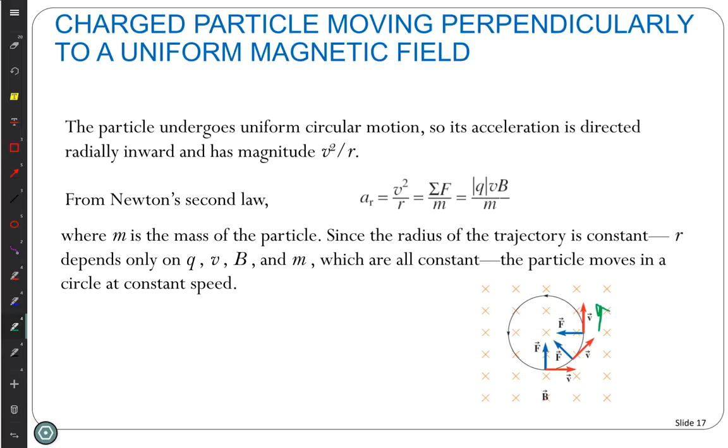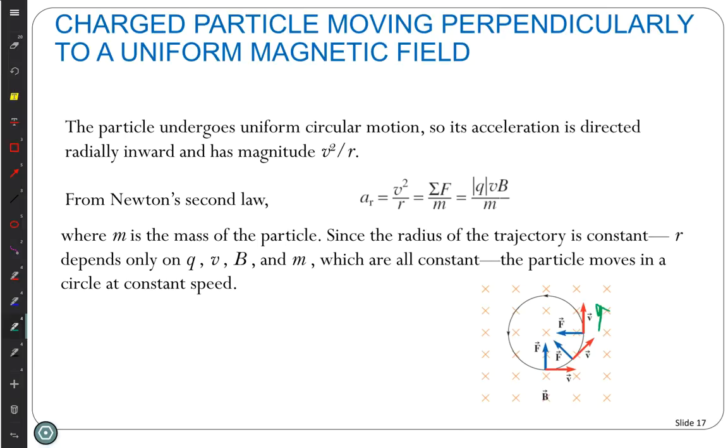All it does is change the direction of the velocity. The magnitude remains constant, so it's not going to do any work because it's not going to change its speed, but it's going to change its direction. So it's going to make the particle do a circle.